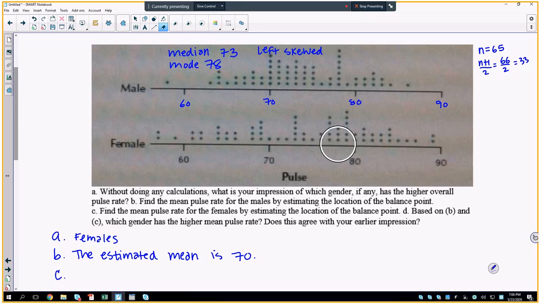65 females as well. And we're looking for the 33rd data point. 1, 2, 3, 4, 5, 6, 7, 8, 9, 10, 11, 12, 13, 14, 17, 21, 22, 23, 24, 25, 26, 27, 28, 29, 30, 31, 32, 33. So that looks like it should be 76.